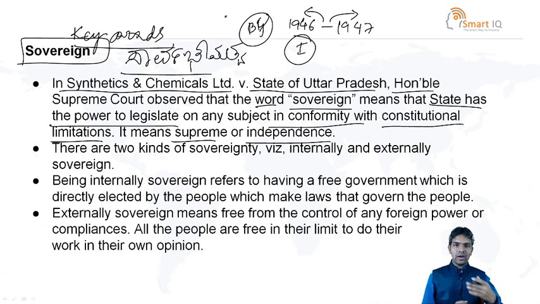Any law made by the government of India needed permission from England, like from Queen Elizabeth. But after 1947, India became a sovereign state. Sovereign means independence. It is the sovereignty, the supremacy, of making laws internally as well as externally.